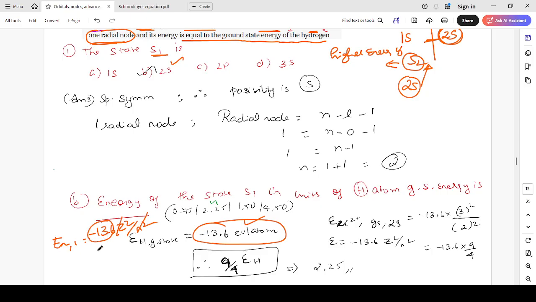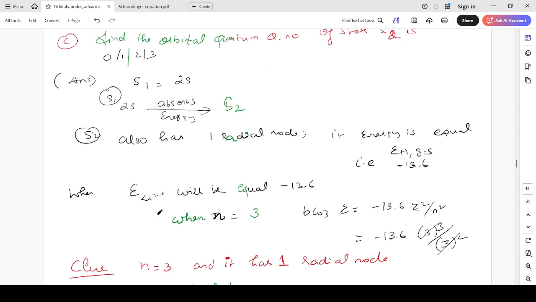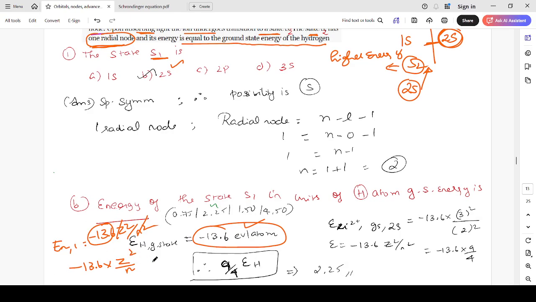Minus 13.6 Z squared by n squared will be equal only when Z and n are equal. Z value is 3, I know, and n value should be 3. Then only it can cancel here.